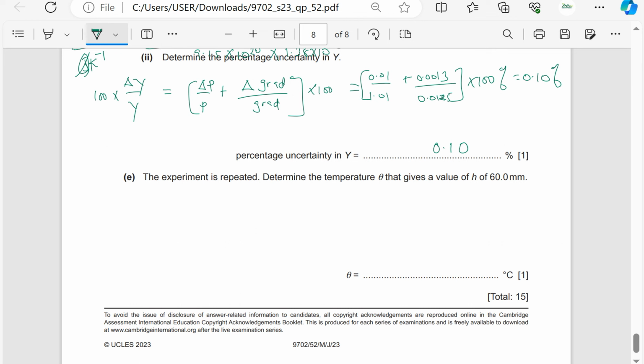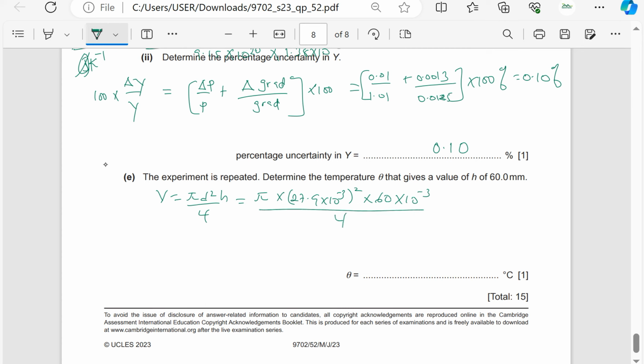Then the experiment is repeated. Determine the temperature theta that gives a value of H of 60 millimeters. So I have to find V here. V is equal to pi d squared H divided by 4. This will be pi. D is constant, 27.9 times 10 to the power of minus 3, but it was squared. Then times H, which is 60 times 10 to the power of minus 3.